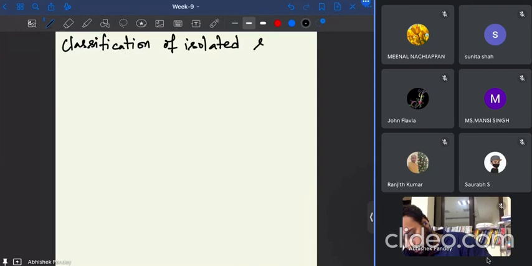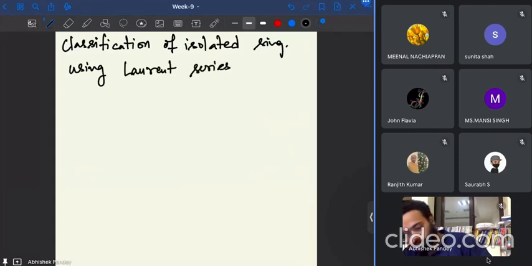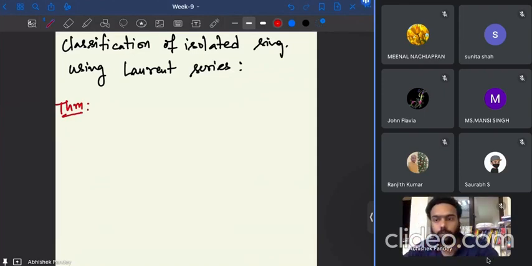So this is also a theorem which I will not prove because it is already there in the lecture notes and you can find it in any book. The proof is not that tough; one can do it.